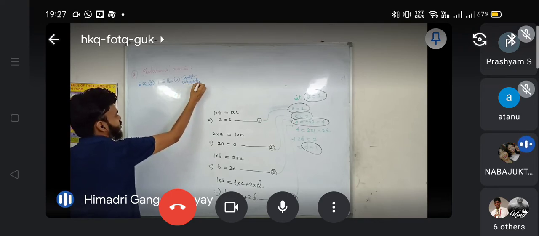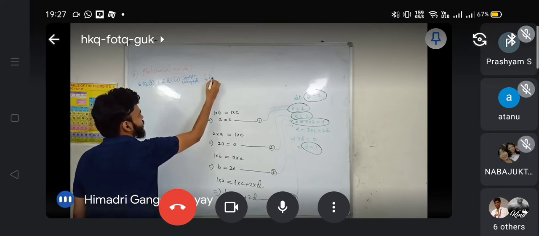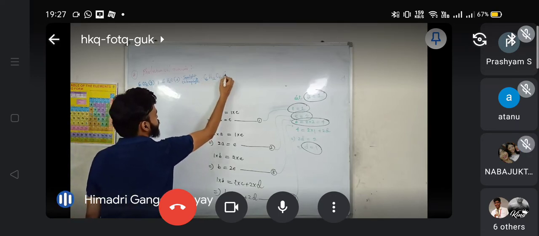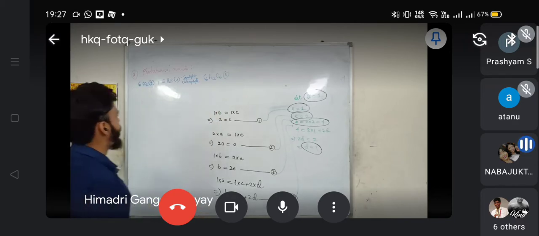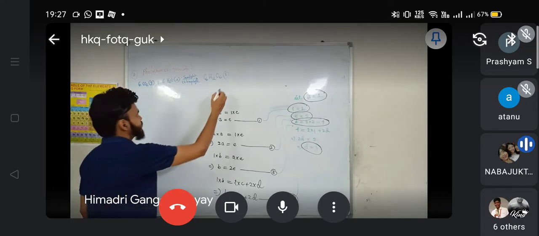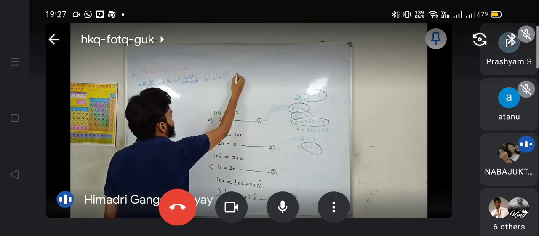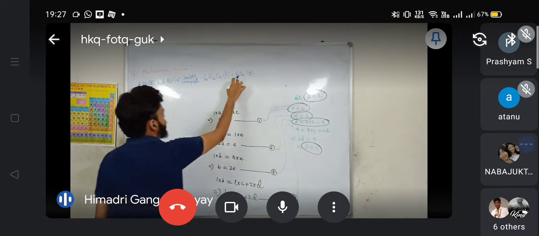Very good. C6H12O6 glucose. And it will give 6O2. It will be 6O2, please recheck.